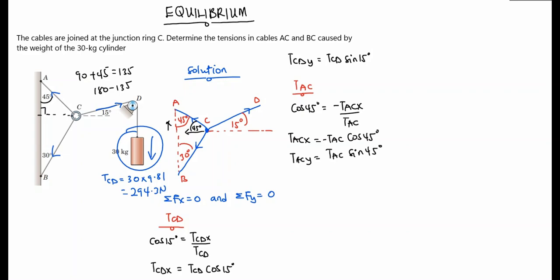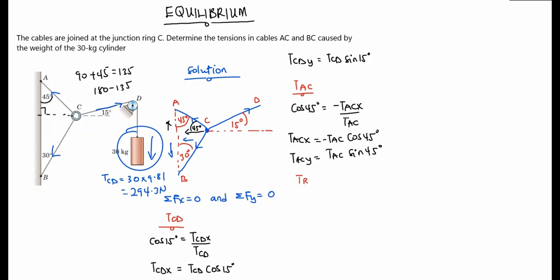So now let's look at the last force also. For that one, we are going to have the x component in this direction and then the y component in this direction. So that one also, the x component will be negative, right? So that will be TBC.